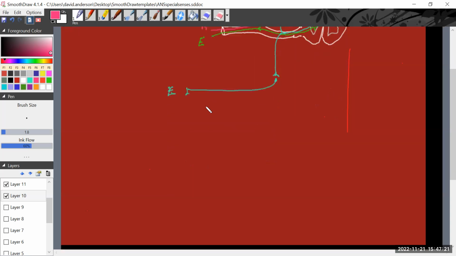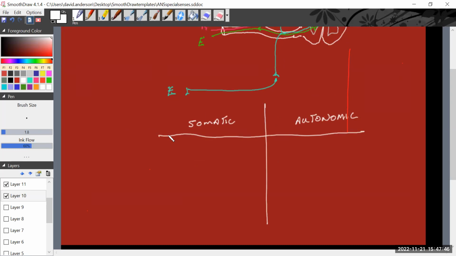So if we try to organize the differences between the somatic system and the autonomic system, we'll make a little chart. Somatic here, autonomic here. If we look at receptors, receptors for the somatic system are described as external receptors.